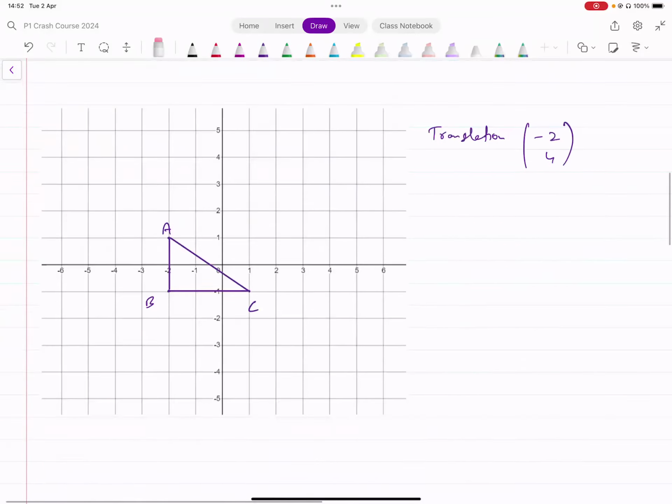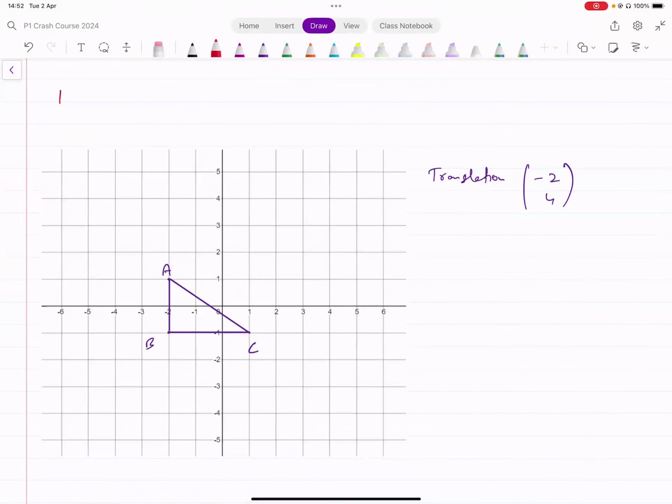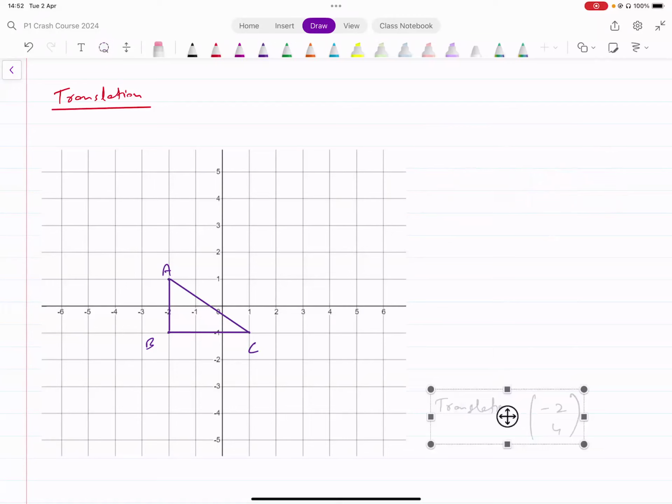Now, the second type of transformation that you need to know about is translation. That's the second type of transformation. Now, let's say you had a transformation like this. First of all, you want to translate this diagram by 0 minus 3.